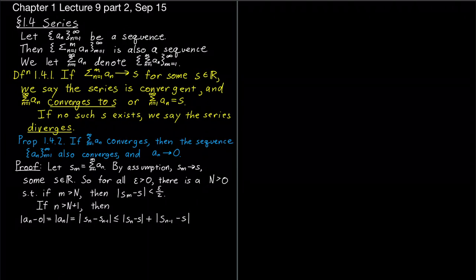We've got two things that are both getting close to S, but because I made the little n bigger than big N plus 1, little n minus 1 is also bigger than big N, so these pieces are both less than epsilon over 2. And so we have seen that for any epsilon, there is a big N such that |a_n minus 0| is less than epsilon, so a_n is indeed converging to 0.